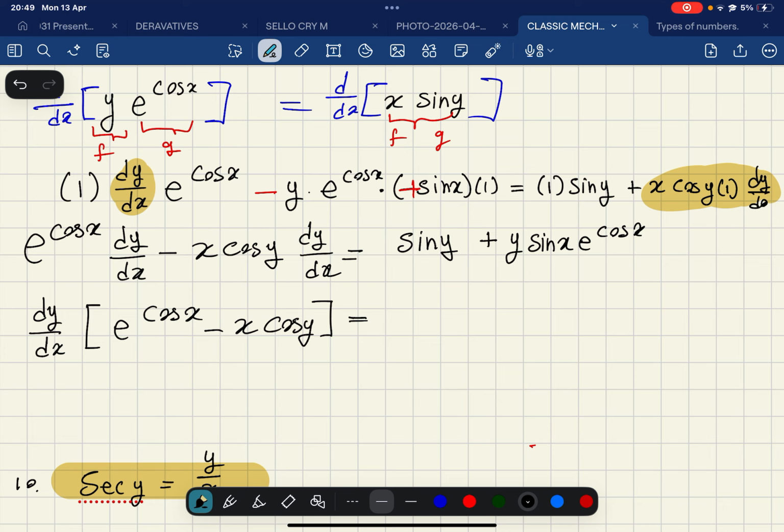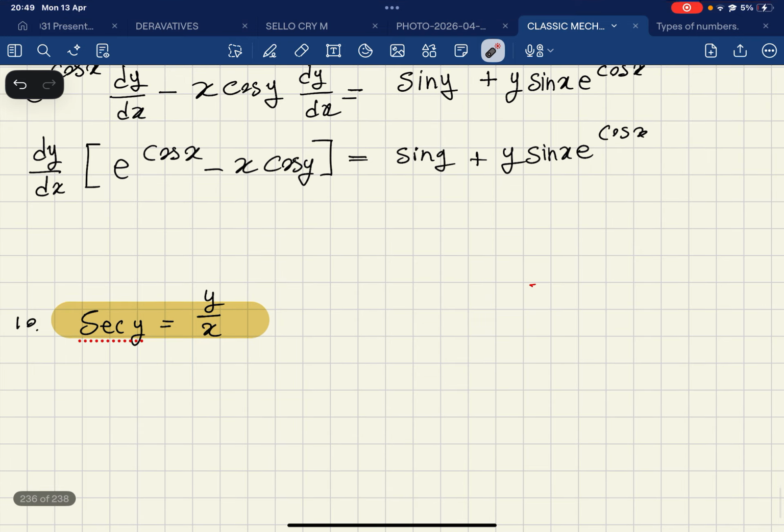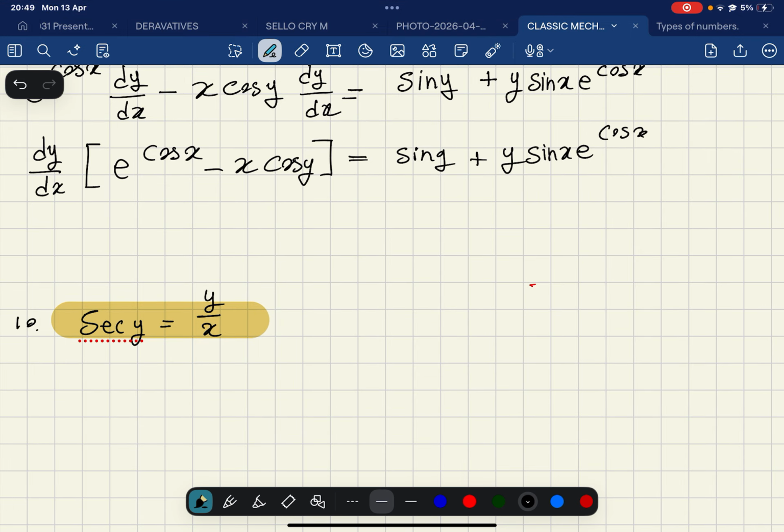Then I have what? I have the sine of y plus y sine x e to the cos x. So from here, I will divide both sides by this guy. So when I divide both sides by that, I will therefore get that my dy over dx is equal to the sine of y plus y sine x e to the what?